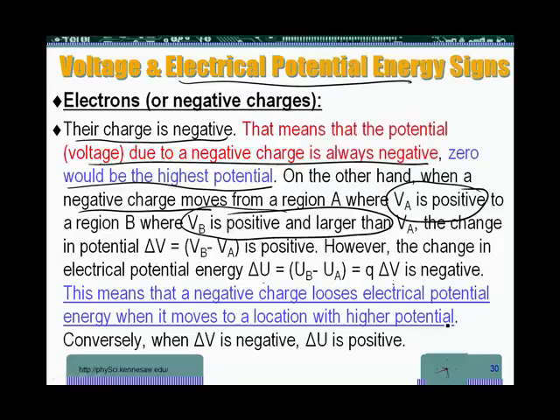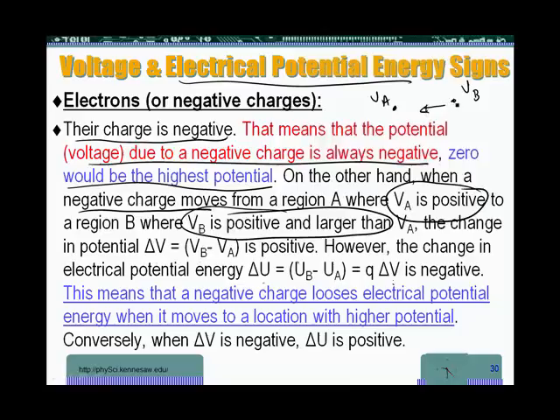Now, how else to think about this? If we move from a positive VA to a larger VB, let's think about the electrical field. So if I have position A where I have VA, and a position B where I have VB, remember the electrical field goes downhill. So it means my electrical field is pointing this way.